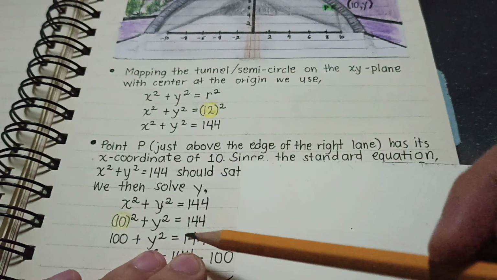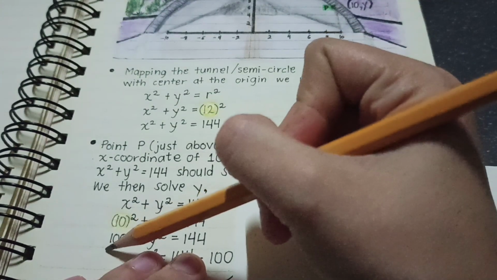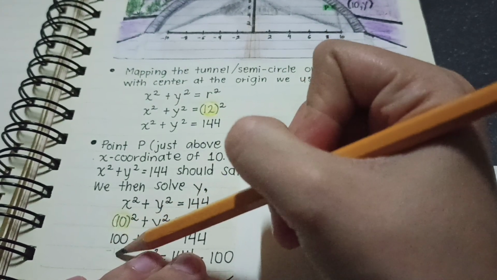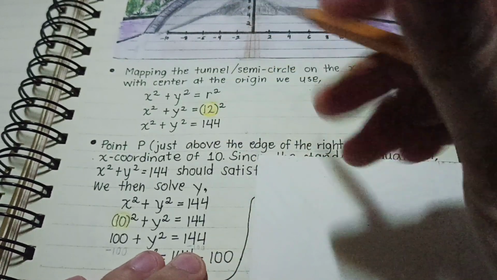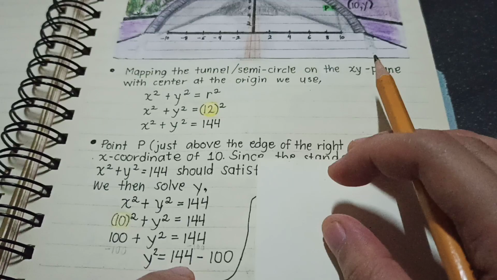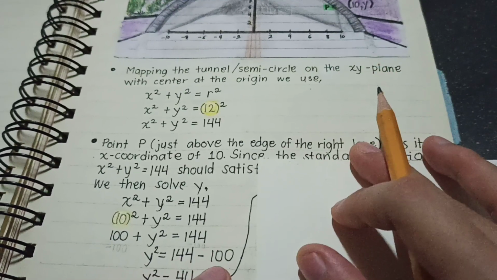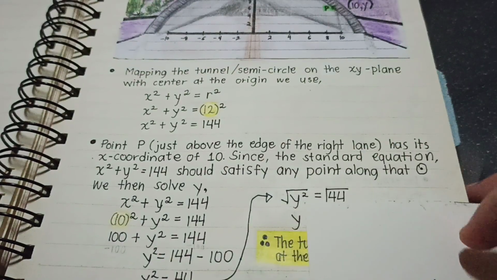And then, leaving y alone, first I need to get rid of 100. I may transpose or subtract 100 on both sides. It will become y squared is equal to 144 minus 100. 144 minus 100 is 44.